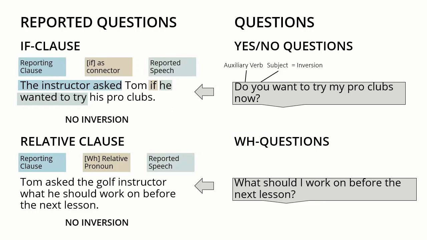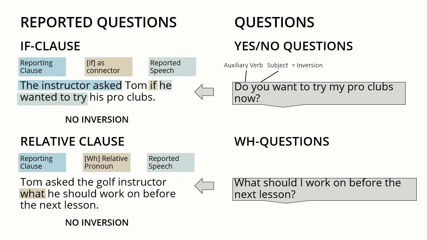WH questions, we also report them with a relative clause. So instead of an if statement, we keep the WH question word like who, what, when, where, how, why, and we just treat it as a relative clause.